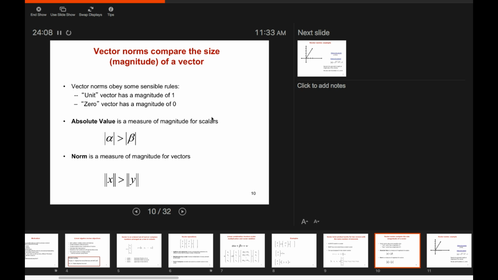Now if I have 2 and minus 3, I first have to decide, well, is this minus important? If I'm talking about temperature, it is. Minus 3 is definitely less than 2.